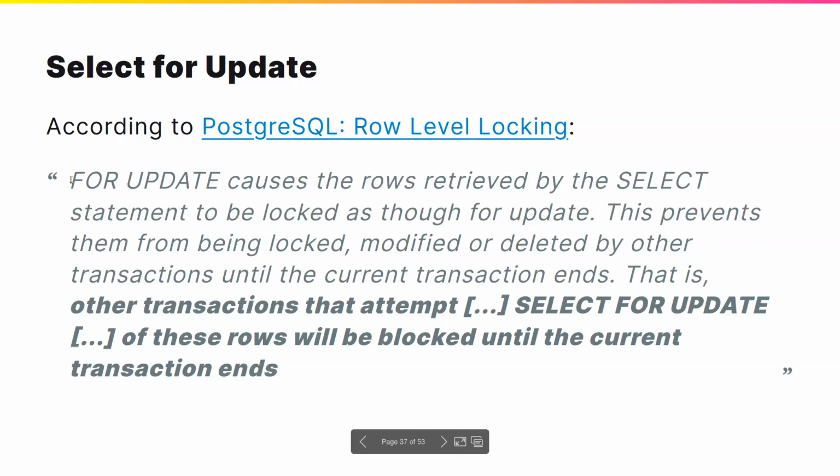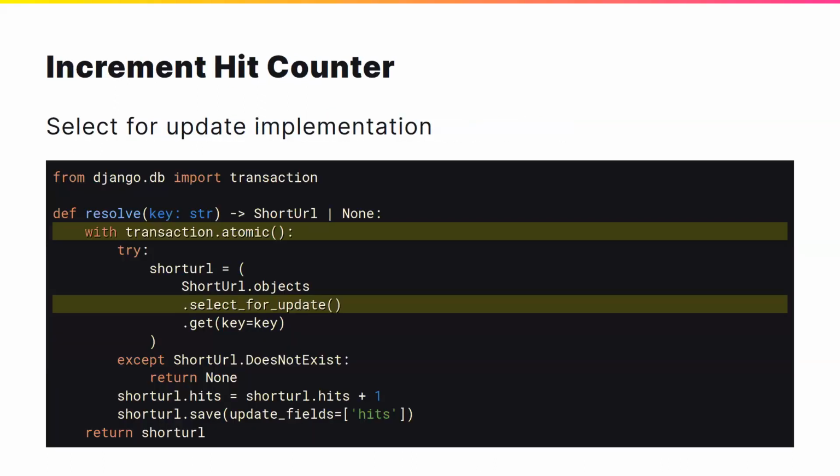So there's a special clause in SQL called select for update. It essentially means that we want to fetch the row with the intent of updating it, okay, of changing it. So when we select for update, no other transaction can obtain the lock until we release the lock.